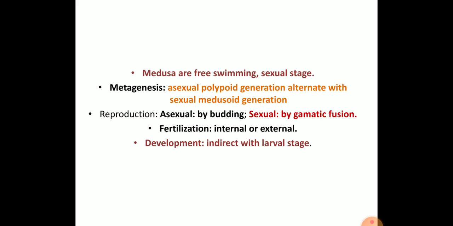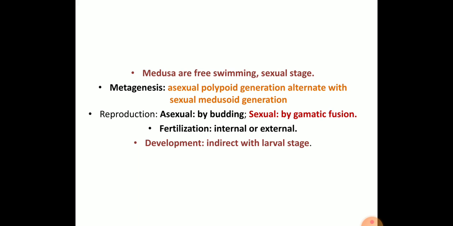Coming to the metagenesis, that is the alternation of generations: the asexual polypoid generation alternates with the sexual medusoid generation. Reproduction is asexual by budding, whereas sexual reproduction is by gametic fusion. Gametic fusion means two different types of cells get combined together.